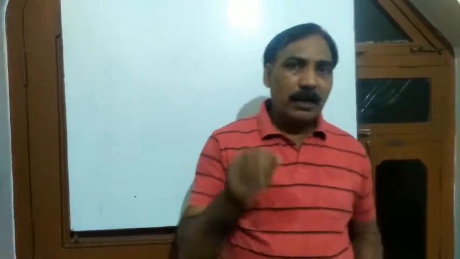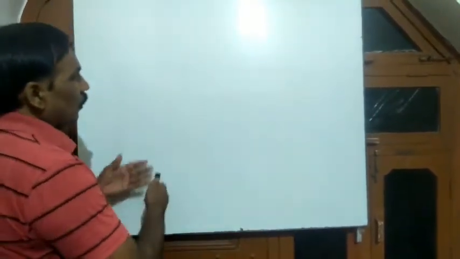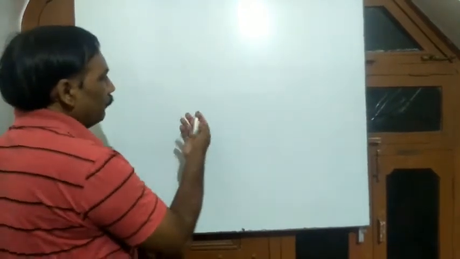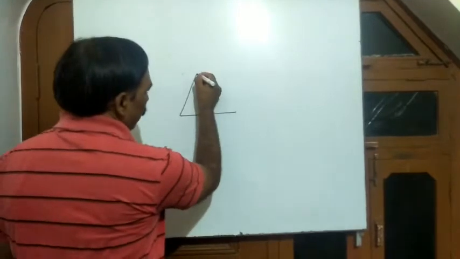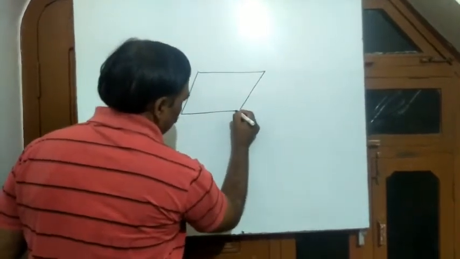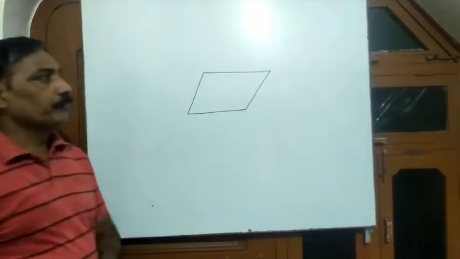The amount of area of the surface is taken as the magnitude of the area vector. Suppose you have a surface here. Of course, it is a parallelogram.